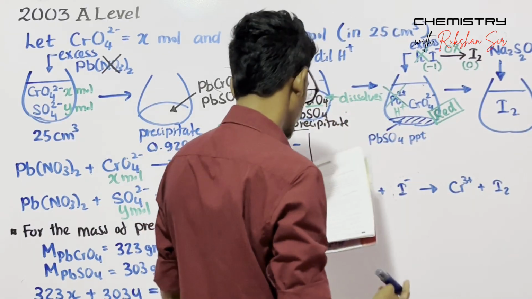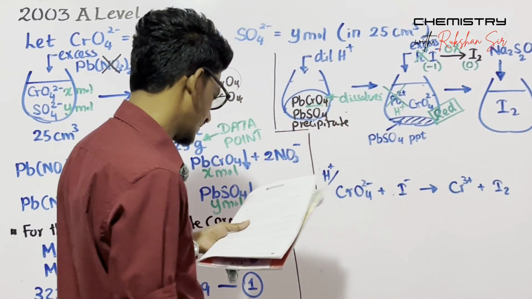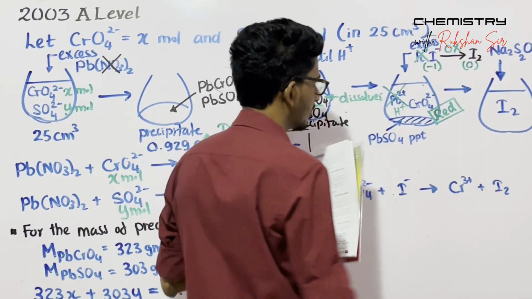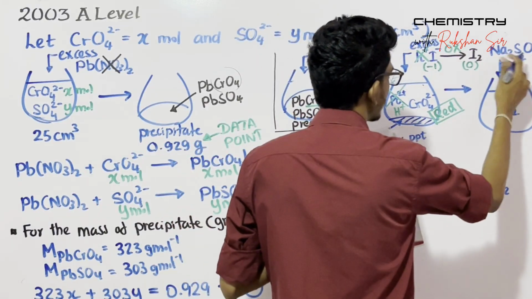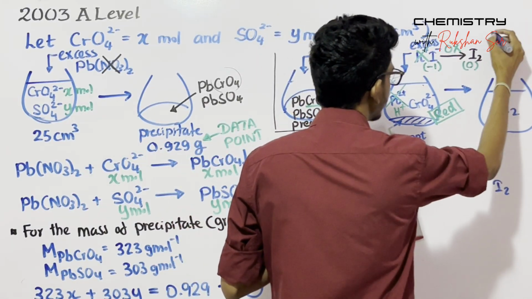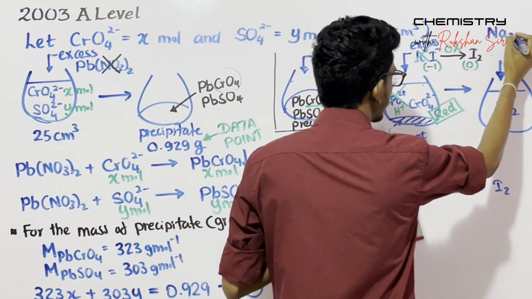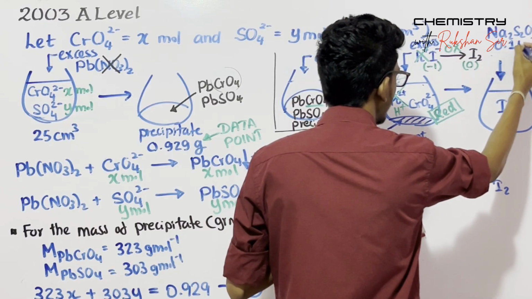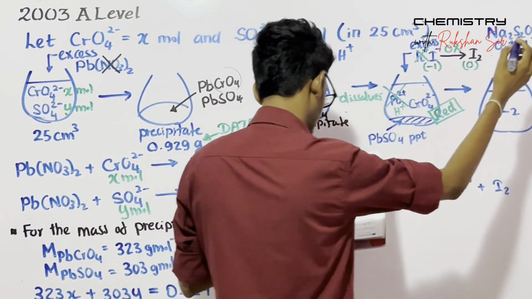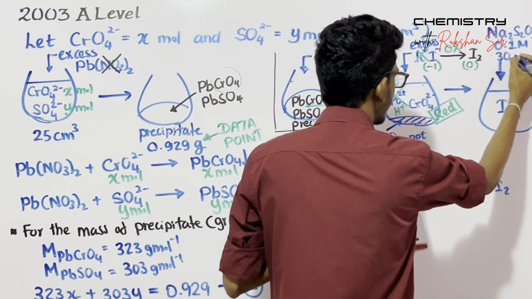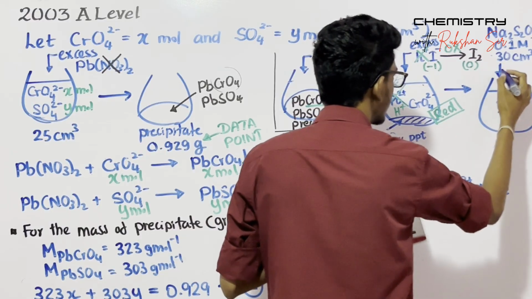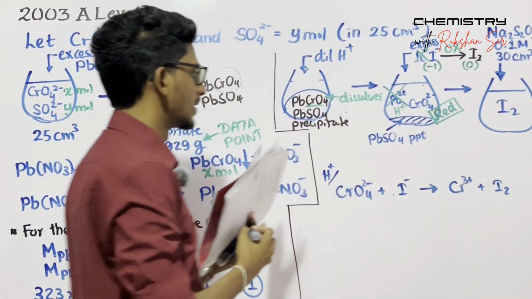The consumed amount is also given as 30 milliliters of 0.1 molar solution. So the sodium thiosulfate, 0.1 molar, 30 cubic centimeters were consumed to totally react with I2 here, right?